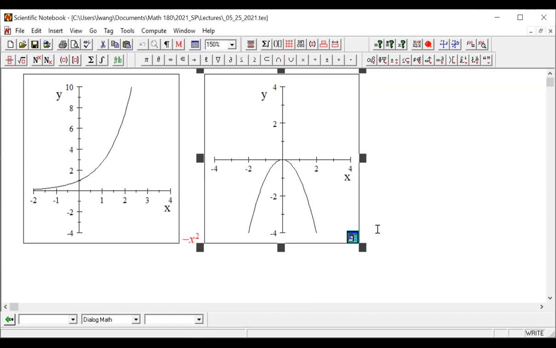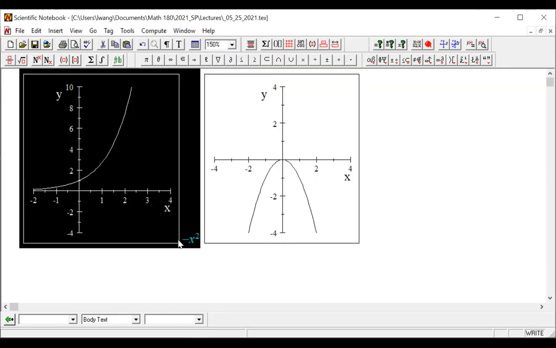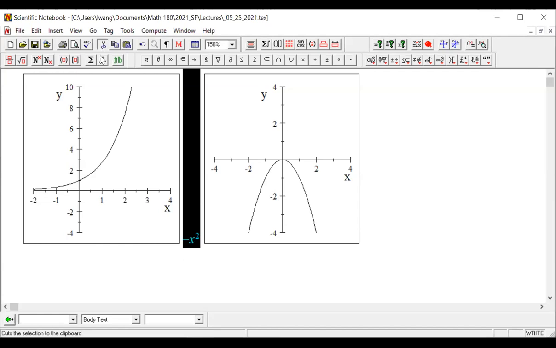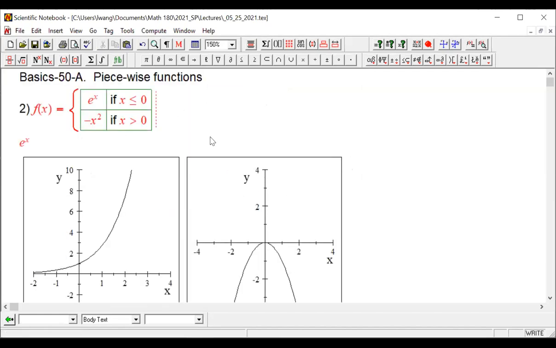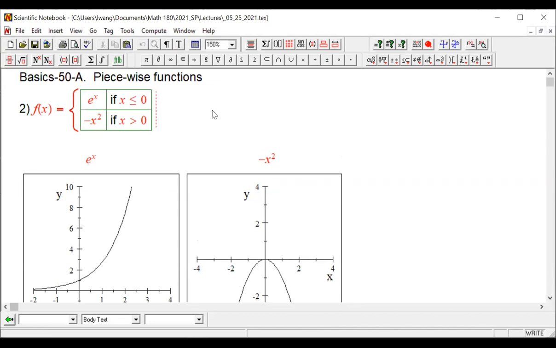Okay, that's negative x squared. So that's e to the power x. That's negative x squared. But neither one is the curve, because both are defined on the whole real number line. So what do you do? What do we do?